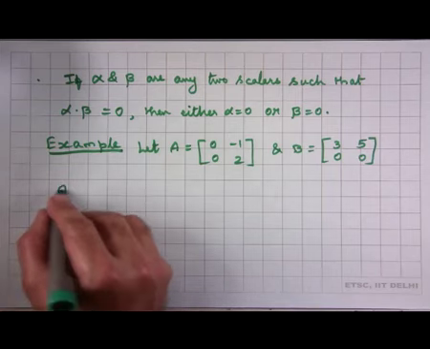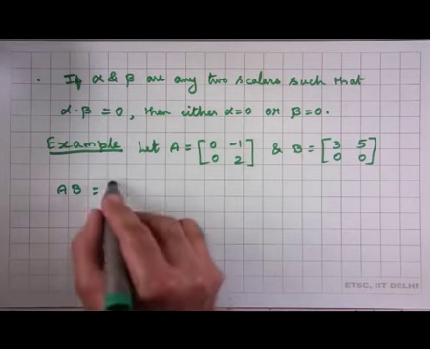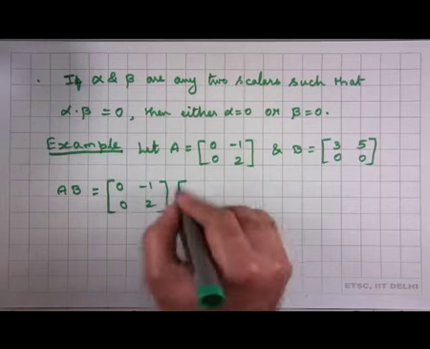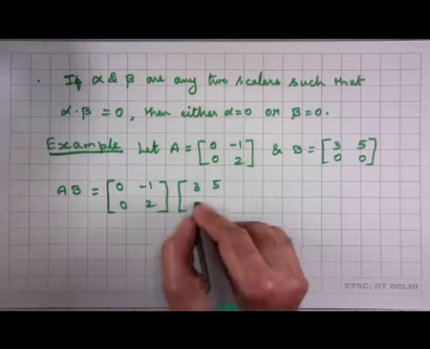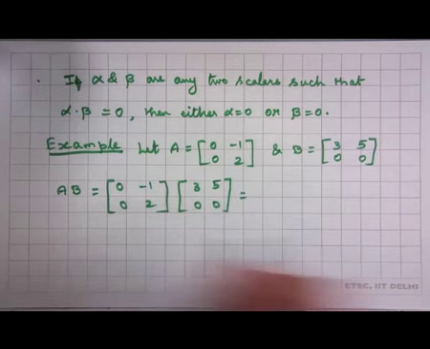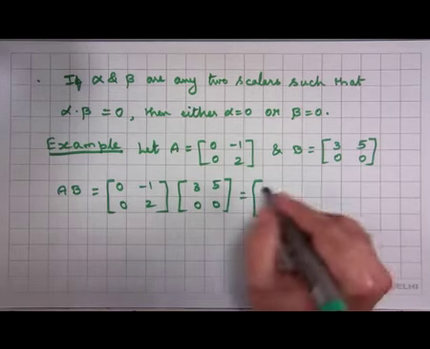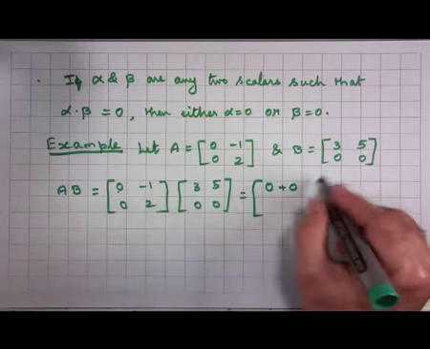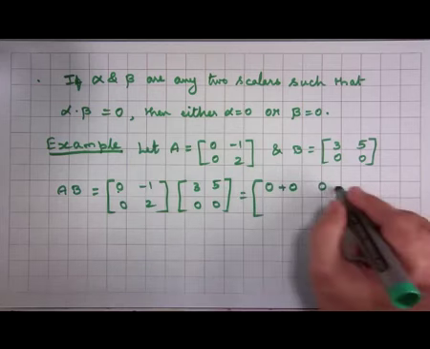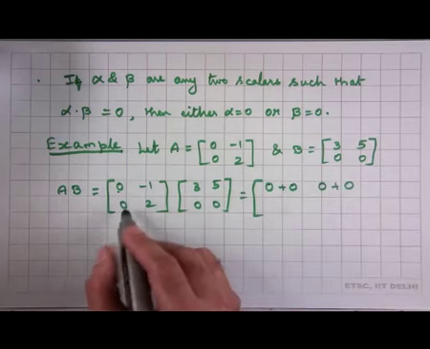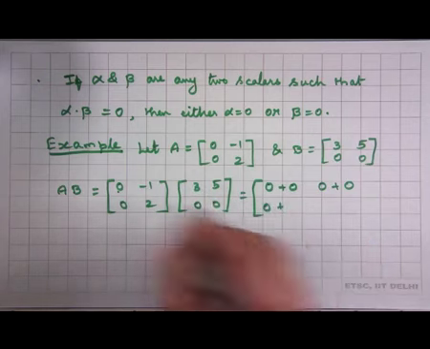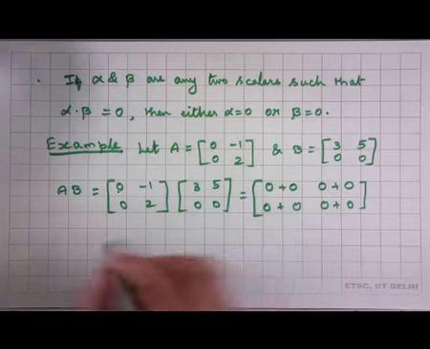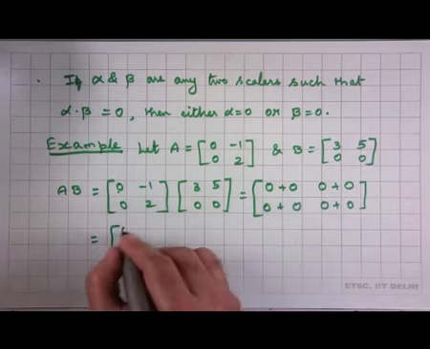Now, let us try to compute AB. 0 into 3 which is 0 plus -1 into 0 you will have 0, 0 into 5 you have 0, -1 into 0, so it is again 0, 0 into 3 it is 0 plus 2 into 0 which is again 0, 0 into 5 it is 0 plus 2 into 0 will have 0. So, the resulting matrix is just the 0 matrix.